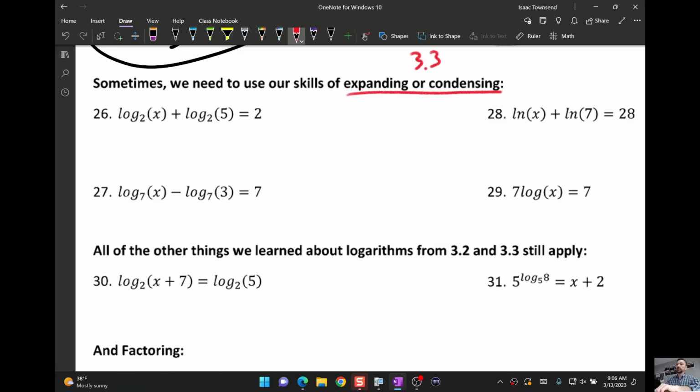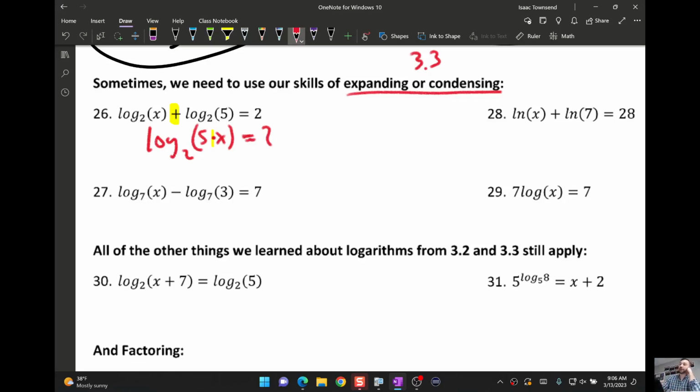This is a different type of equation. Nothing we did on the front page is going to help you with this. You can't do this in your head. There's no basic arithmetic to be undone. We can't switch the form yet because it's not in the right structure. We can't just take the log of both sides. You have to say, I could push these two log base 2's together with multiplication, because adding condenses into multiplication.